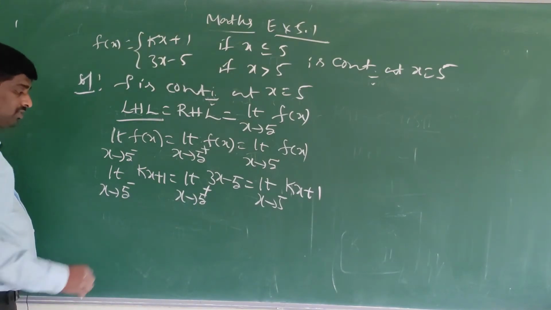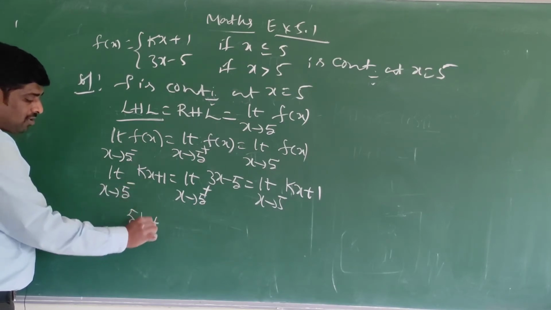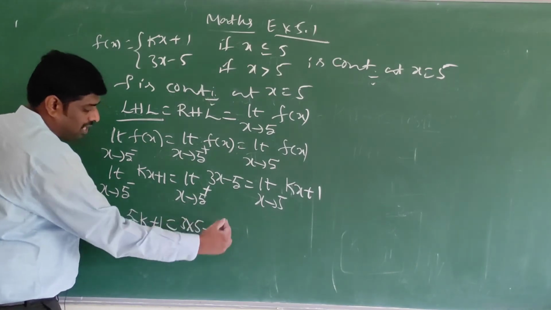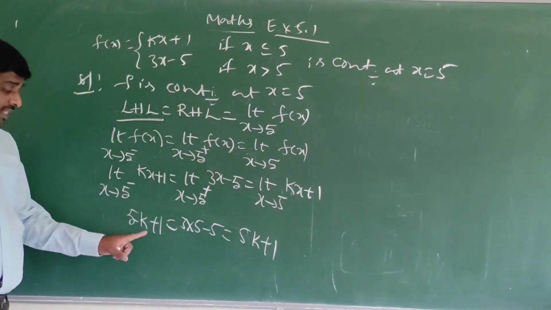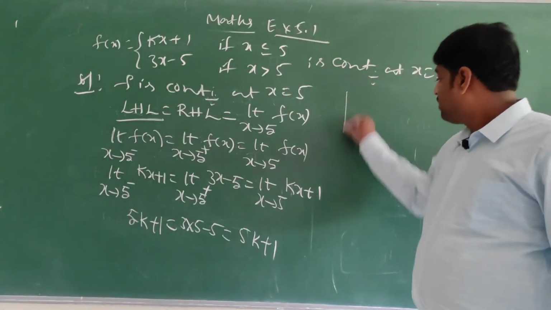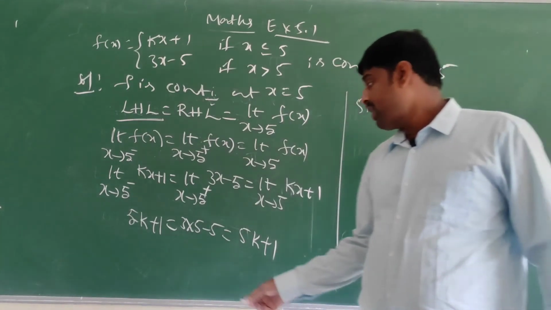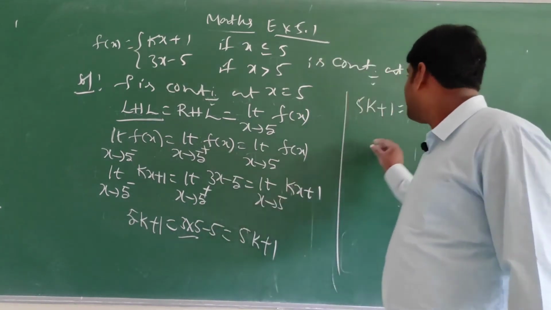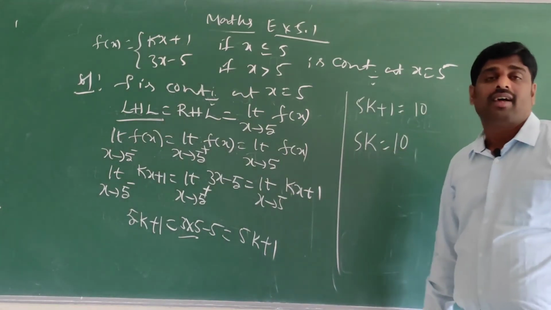Substitute the limits, that is, the x value is 5: 5k plus 1 equals 3 into 5 minus 5, equals 5k plus 1. See children, 5k plus 1, 5k plus 1 are equal. Just take any one value. That is 5k plus 1 equals 3 5s are 15, 15 minus 5 is 10.